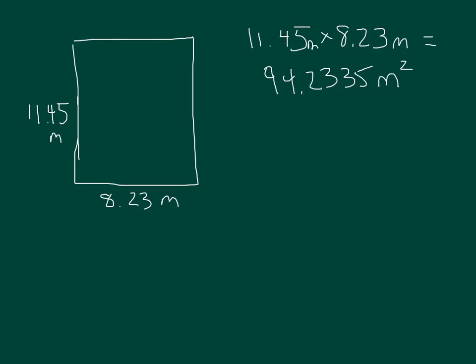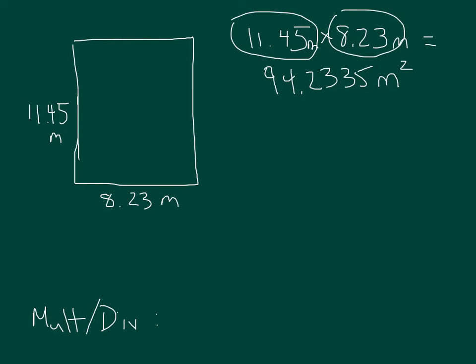So what we need to do is look at the two measurements we started with. And with multiplication and division, I'm going to write this at the bottom so we remember, it's always about the fewest total sig figs. So we need to look at these two measurements and figure out how many sig figs they each have.